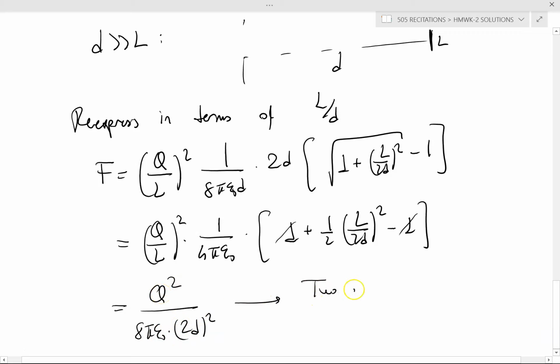This is 1, yes, 1 plus 1 over 2, 2D square. I couldn't. Let me see it again. I don't know, I have forgotten some 2 somewhere. Anyway, that was the whole idea.